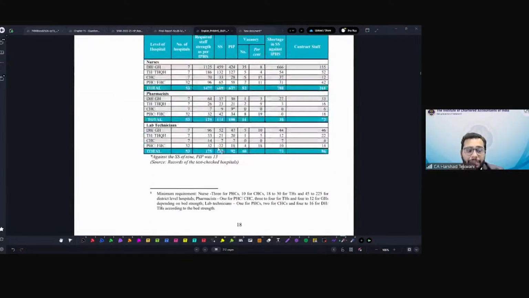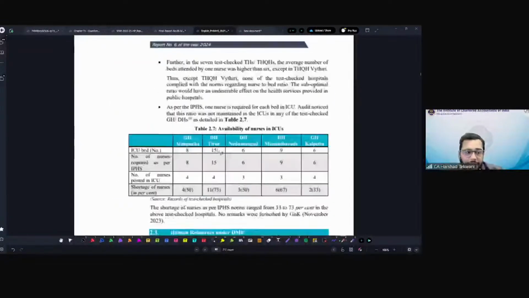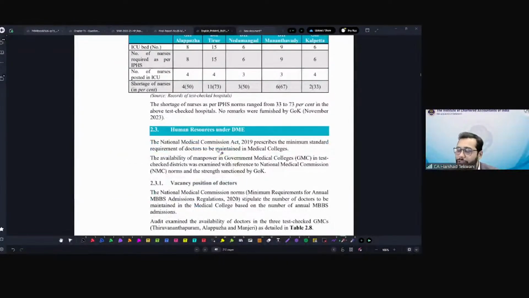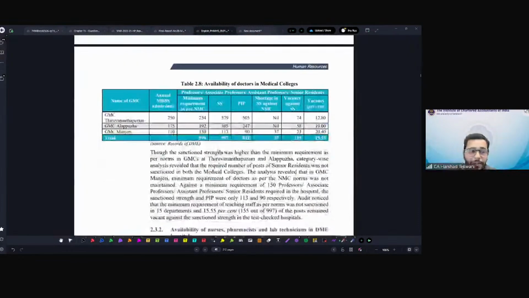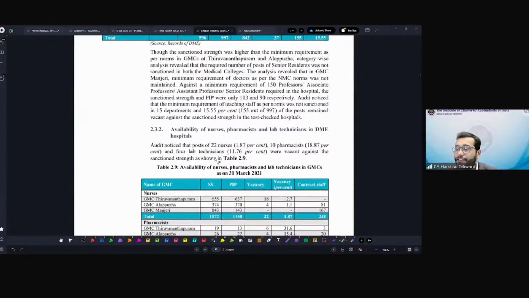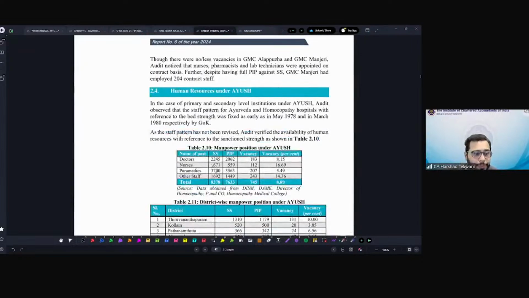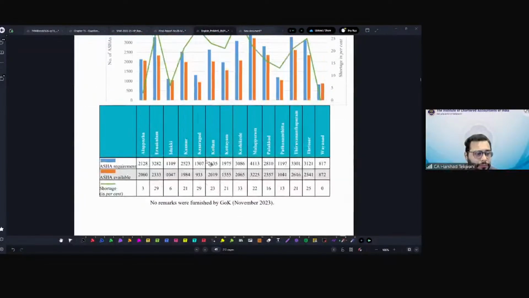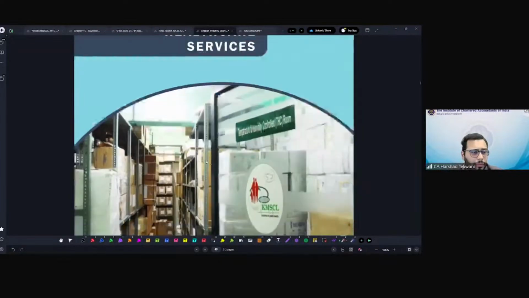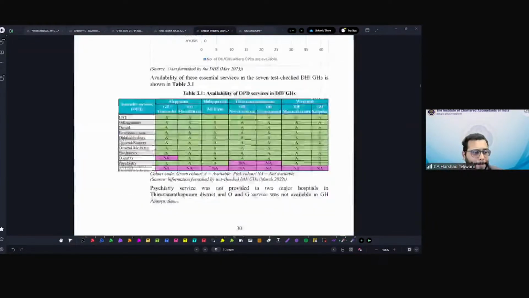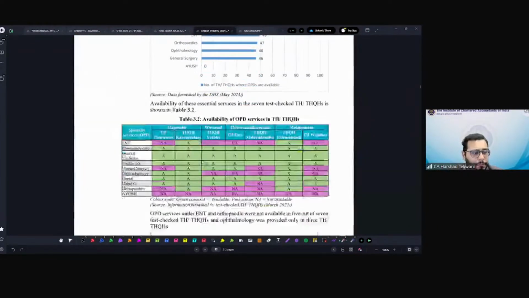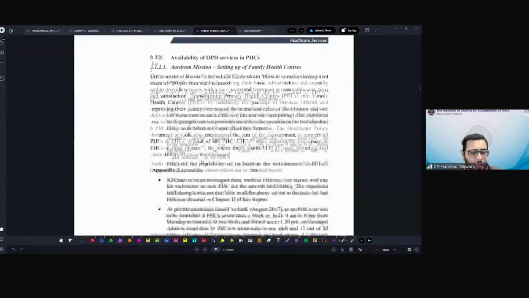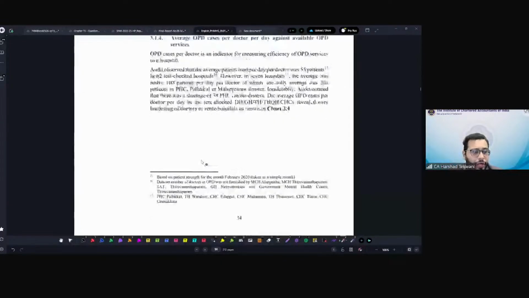When we saw the performance audit, it was not only about the effectiveness, it was about the economy and the efficiency also. So I'll show you. If I show you something with respect to the amount side, you will come to know how they are talking about the amount.